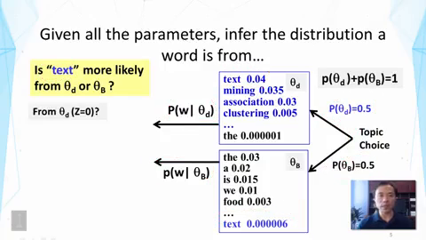More specifically, let's think about the probability that this word text has been generated, in fact, from theta sub d. Well, in order for text to be generated from theta sub d, two things must happen. First, theta sub d must have been selected. So we have the selection probability here.